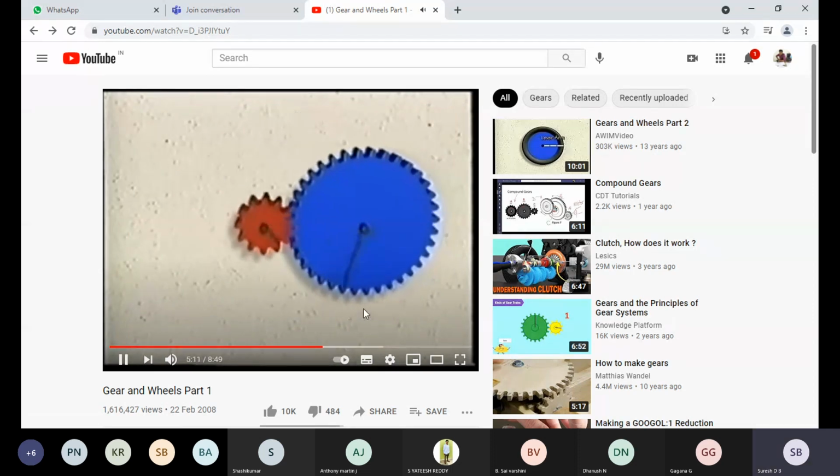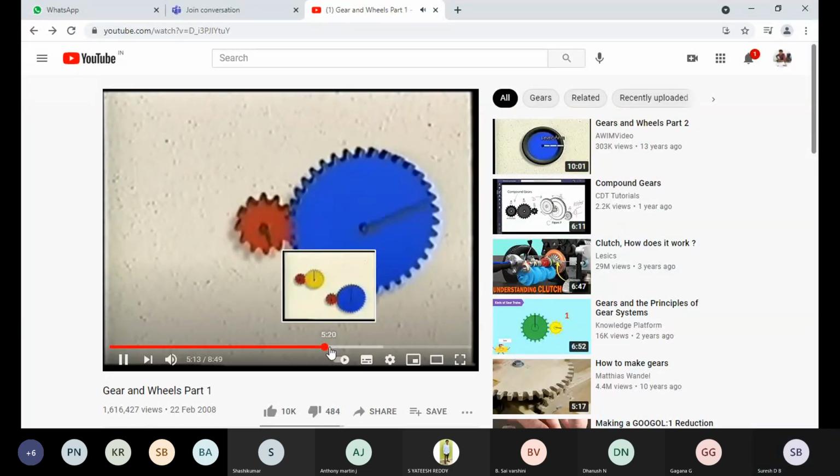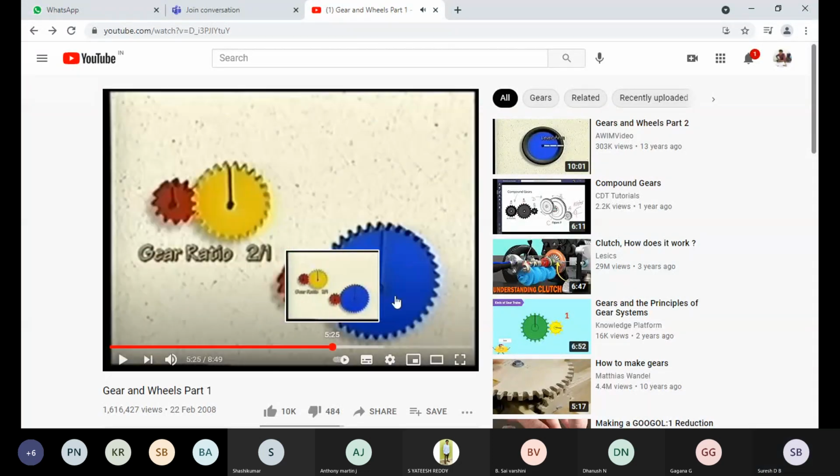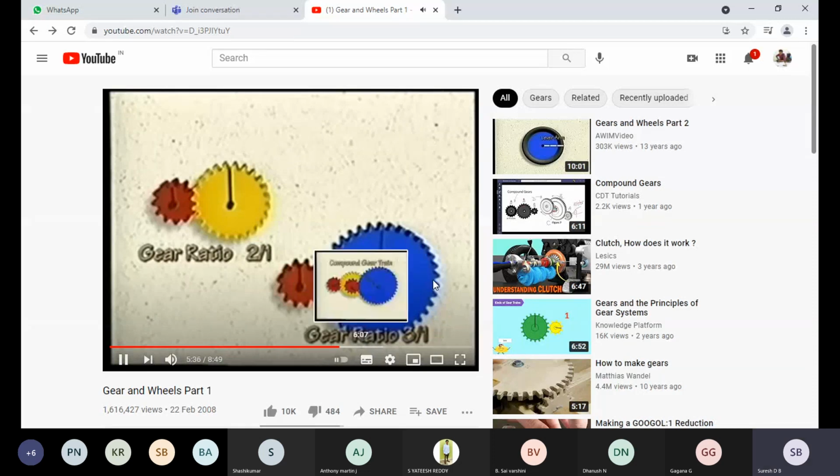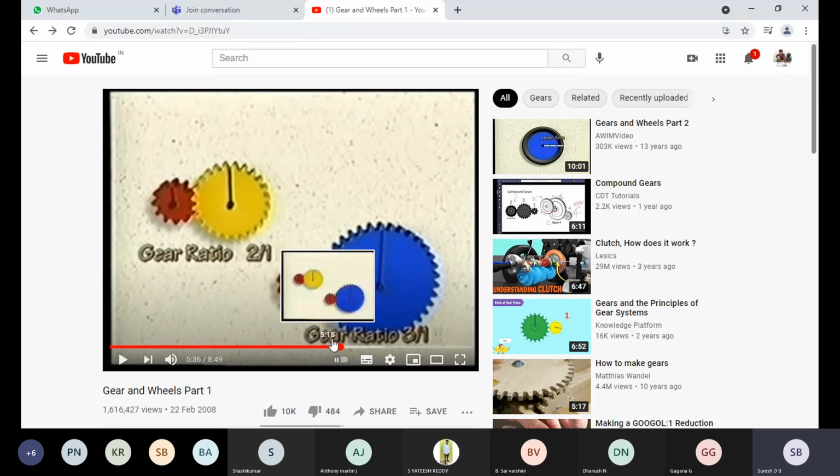Okay, you can increase the gear ratio. In that case, you can reduce the diameter of the gear. See here, in this particular gear the gear ratio is 3 divided by 1.